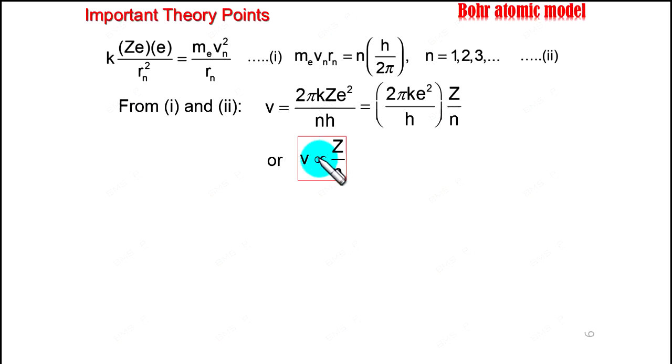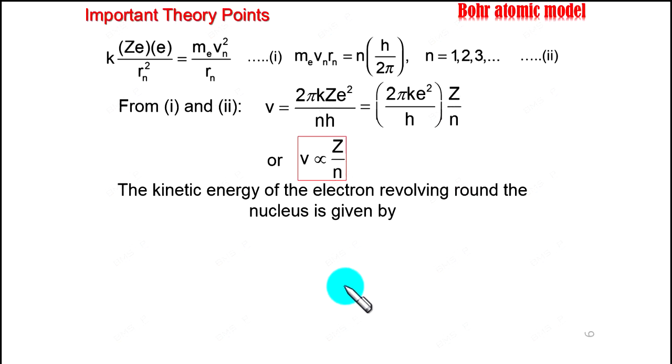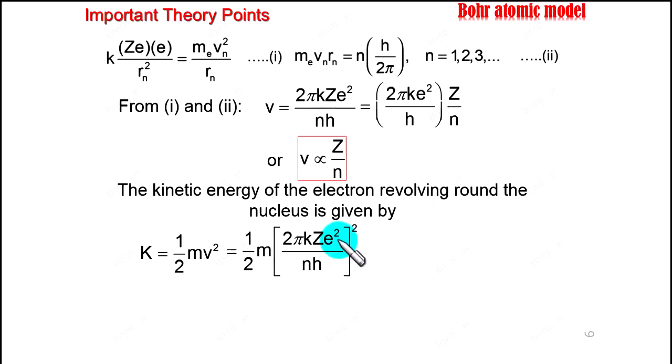Now we can find the kinetic energy. We know kinetic energy is half m v square, and which particle is rotating? Electron is rotating. That means if electron is rotating, we can write the kinetic energy as half m_e v square, and we have calculated the value of v. So, we can write the kinetic energy half m v square as, now we can substitute this value, right.